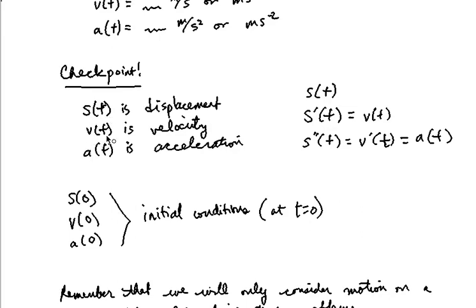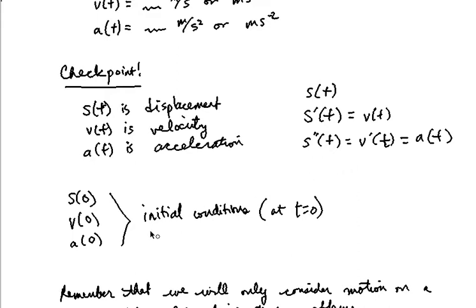Velocity is the derivative of my displacement, and my instantaneous acceleration is the second derivative of my displacement, or the derivative of my velocity.